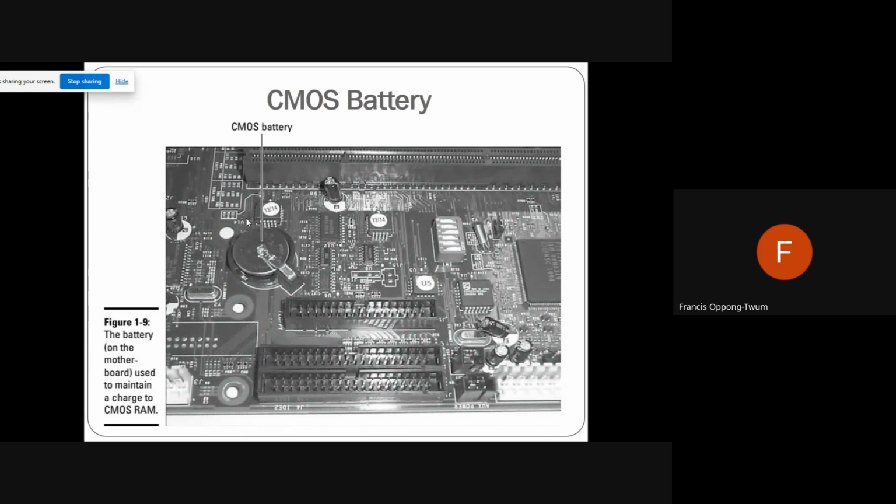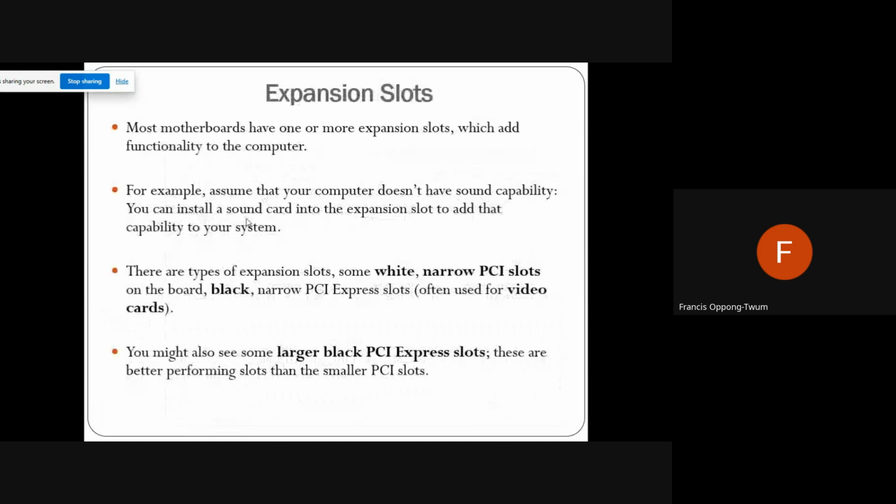Who can tell me the reason why we have the CMOS battery? I said it also holds the date and time.